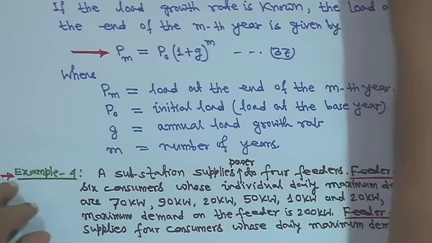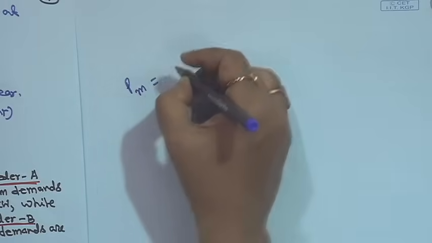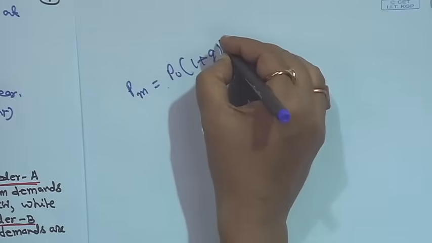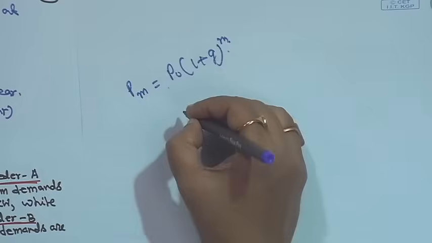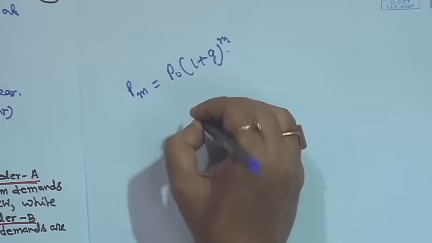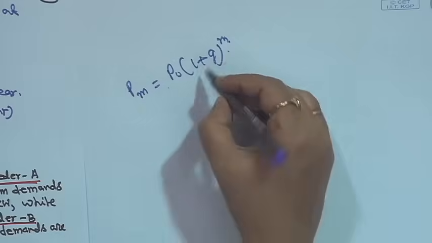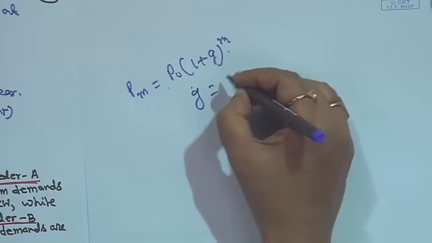For example, suppose your Pm we are writing as P0 (1 plus G) to the power m, right. P0 is the load at the base year, suppose this year, and G is the annual load growth rate.